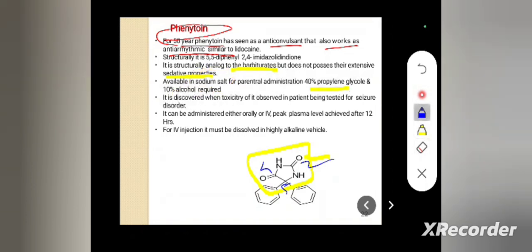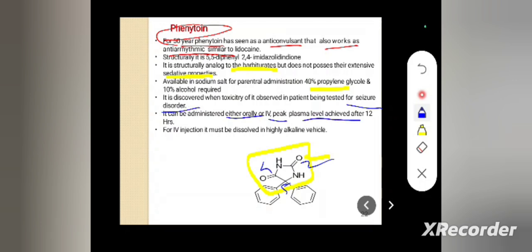Its antiarrhythmic action was discovered when toxicity was observed in patients being tested for seizure disorders. It can be administered either orally or IV.